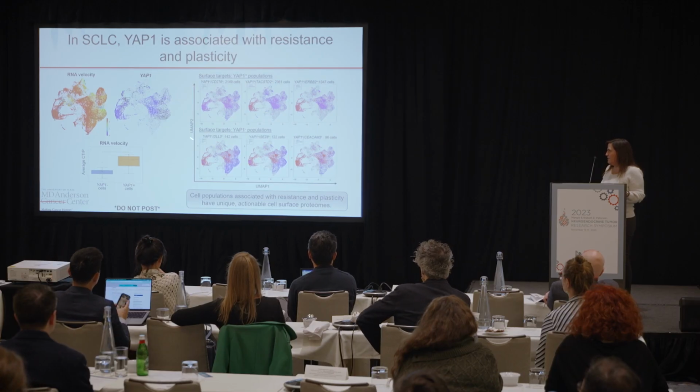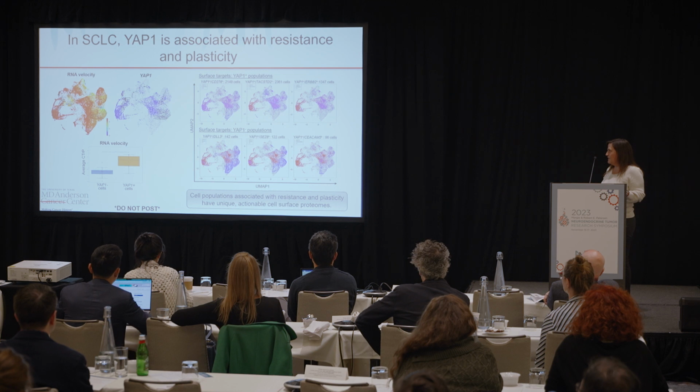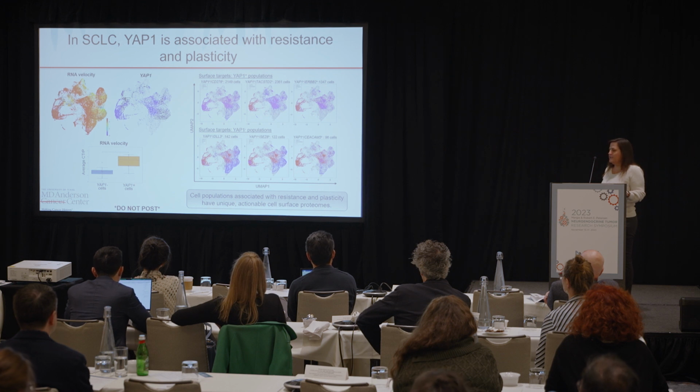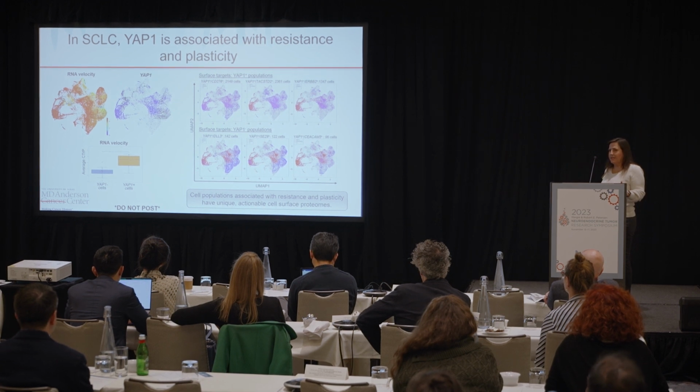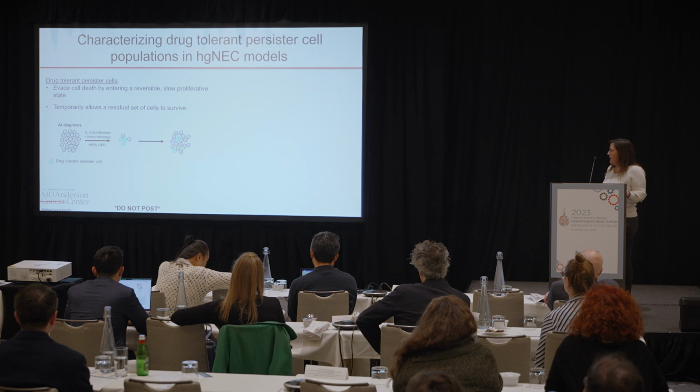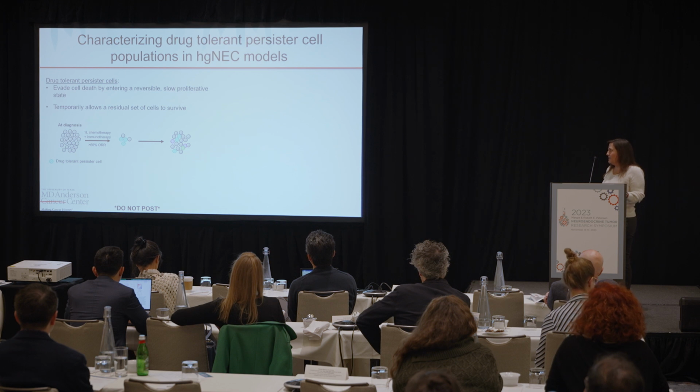Whereas some of these other cell surface targets are not co-expressed with YAP1. So this suggests, at least in small cell lung cancer, that there are some actionable cell surface proteomes within the resistant or plastic cell populations. And so we've been trying to apply this to some of our other high-grade NET models.